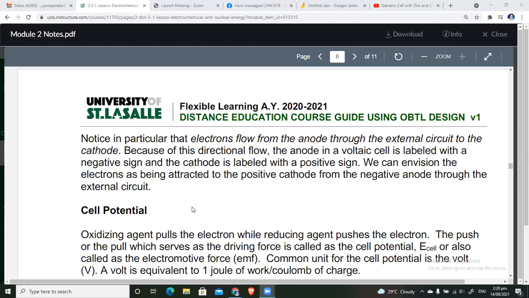So in that case, if they stand alone, the reaction is not spontaneous. They need to be connected for the reaction to be spontaneous. Now, if you connect the two, then that's where electrical energy is produced.